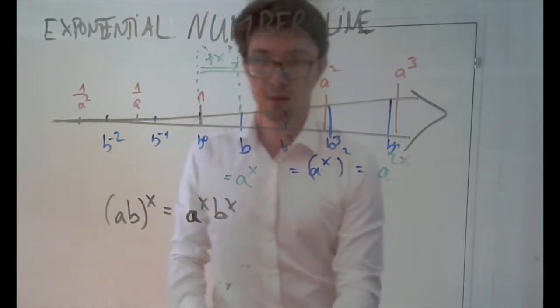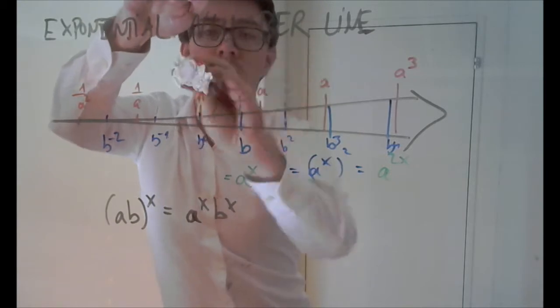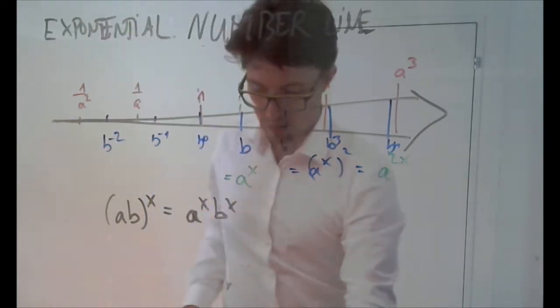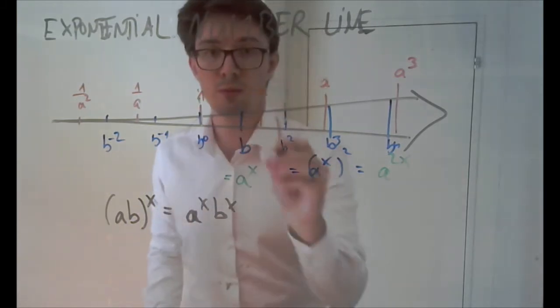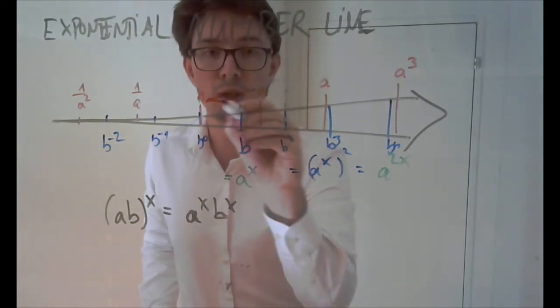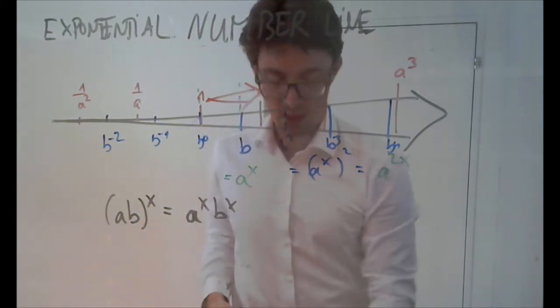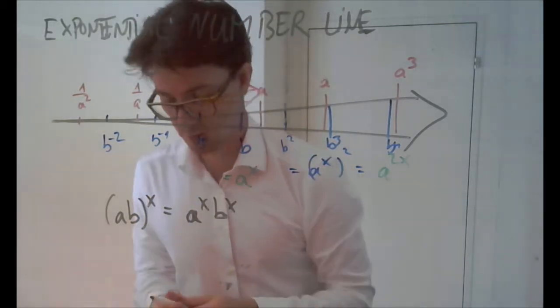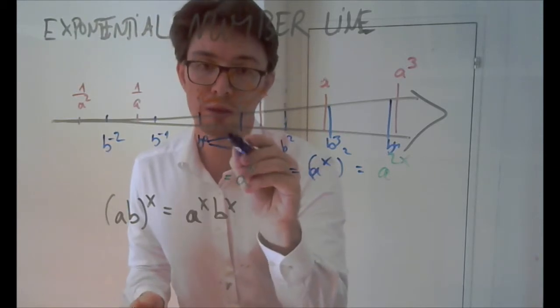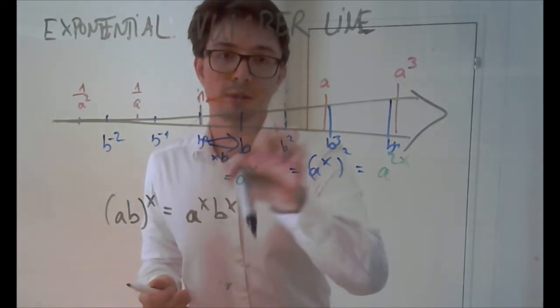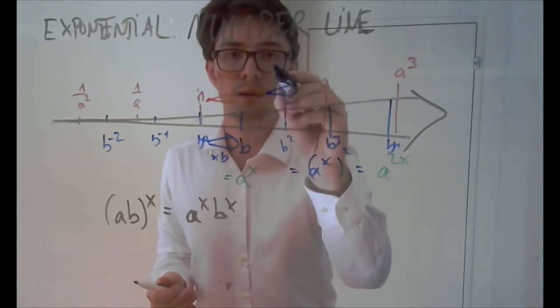Because what's happening? Let's say we take the product A times B. What is that? Well, we would have to take this arrow, which is times A, and join to it this arrow. So let's displace it and say, here it is.